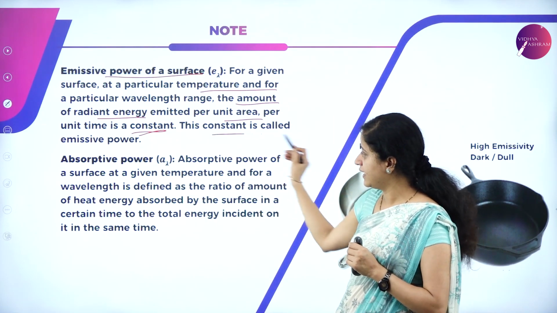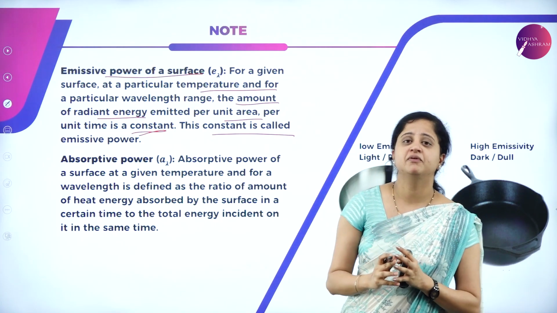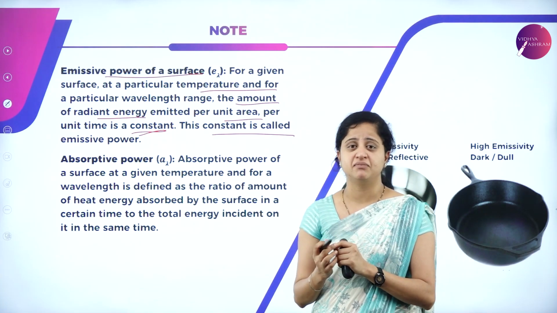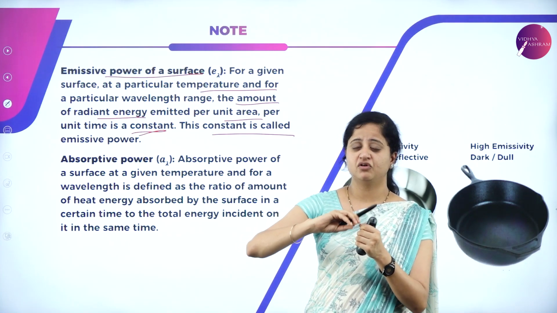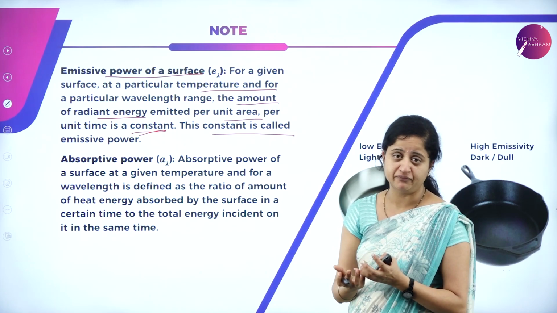This is called the emissive power. Emissive power and absorptive power are the two important things we can understand by simple statements: what is the amount of heat absorbed by an object, and what is the amount of heat that the object can emit back. This is called emissive power.